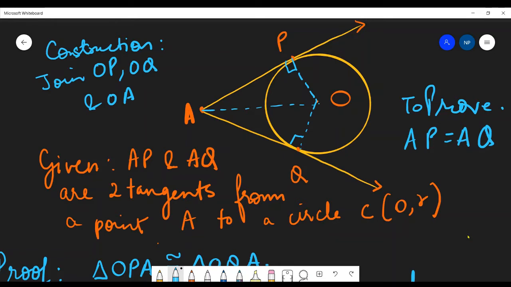And we did one small construction. We joined O to Q, O to A and O to P. And we took two triangles, that is APO and AQO, and we proved by RHS congruency that they are congruent. Therefore, AP and AQ are equal. I hope you all have understood this, children. Please copy it down.